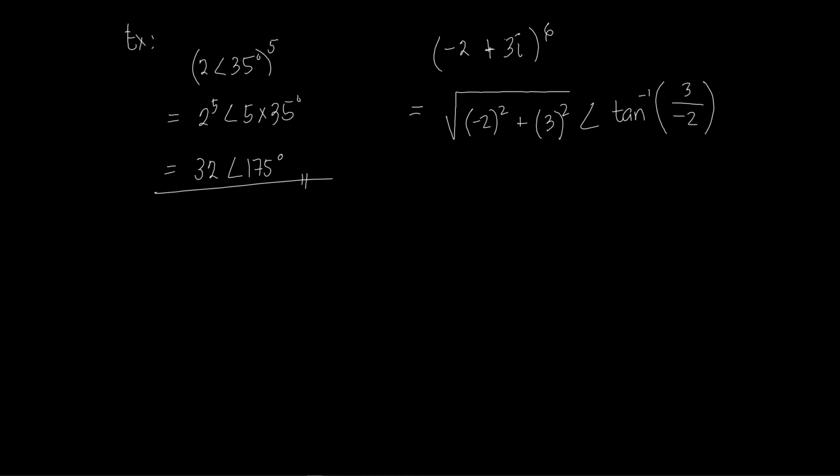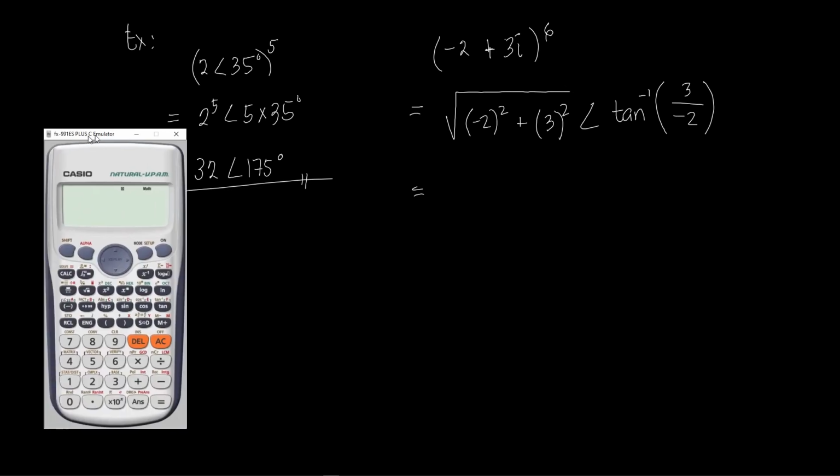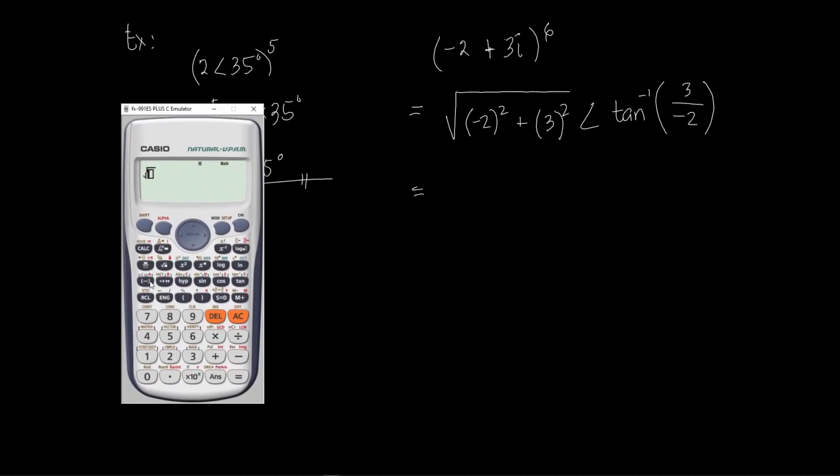Okay, so let's compute using the calculator. The square root of negative 2 squared plus 3 squared is the square root of 13, or about 3.606.